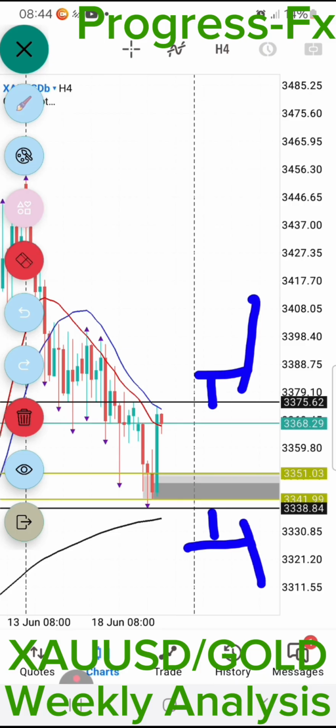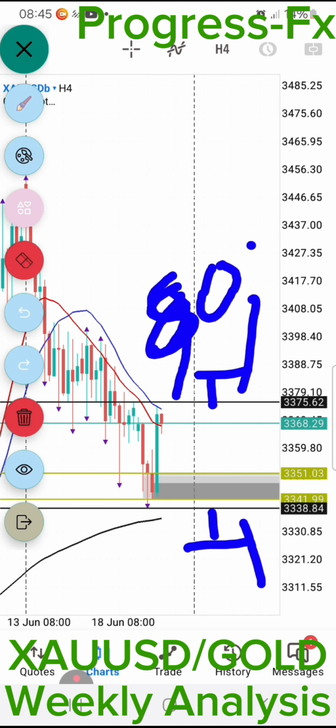But personally, from what I have seen in the market, using my own strategy, moving averages and everything, I am giving this place uptrend come next week 80%, and this place 20%.